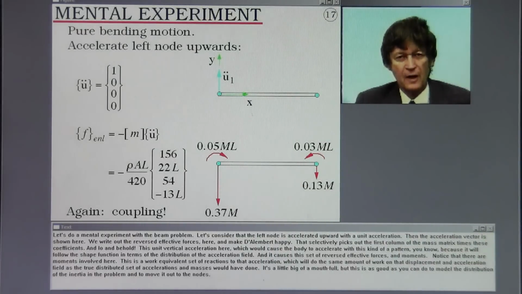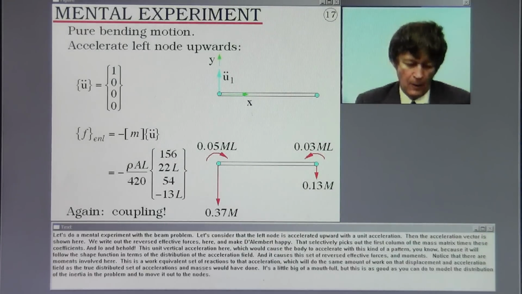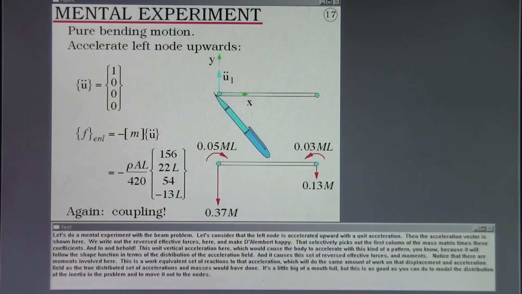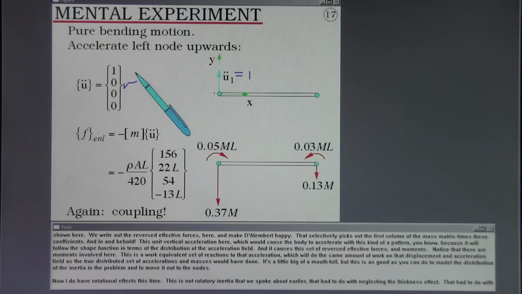Let's do a mental experiment with the beam problem. Let's consider that the left node is accelerated upward with a unit acceleration. Then the acceleration vector is shown here. We write out the reversed effective forces here and make D'Alembert happy.